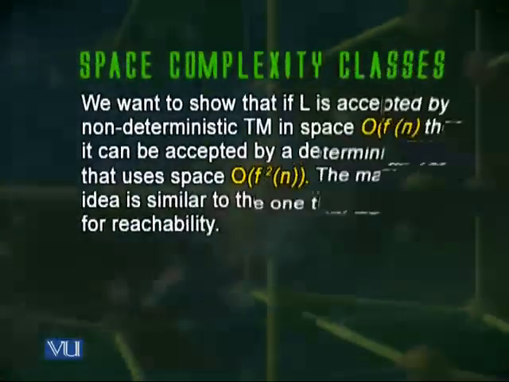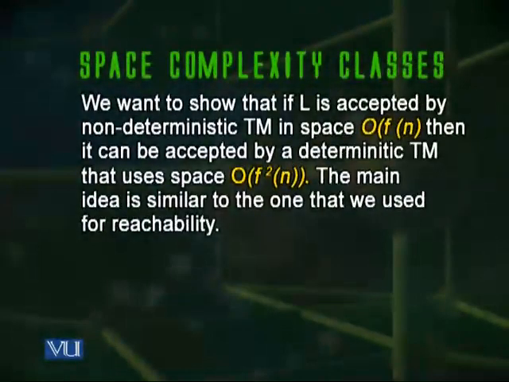So Savage's theorem is extremely important, and the ideas used in it are extremely beautiful. Now what we want to show in order to prove this theorem is that if L is a language that is accepted by a non-deterministic Turing machine in space O(f(n)), then it can be accepted by a deterministic Turing machine that uses space O(f²(n)).